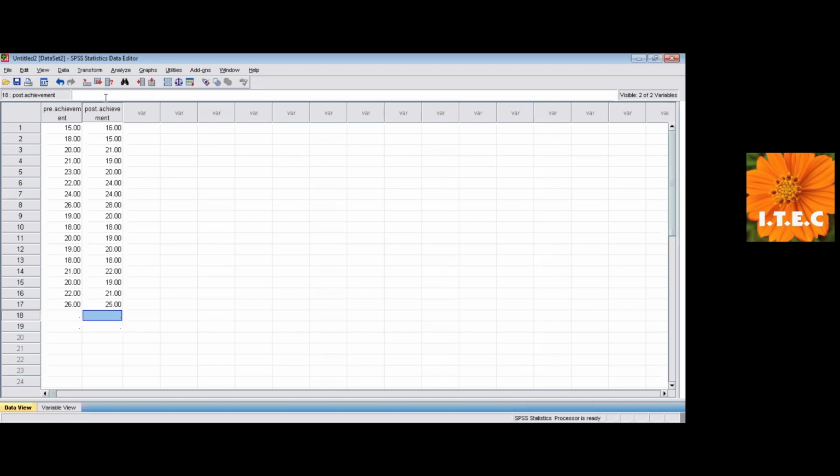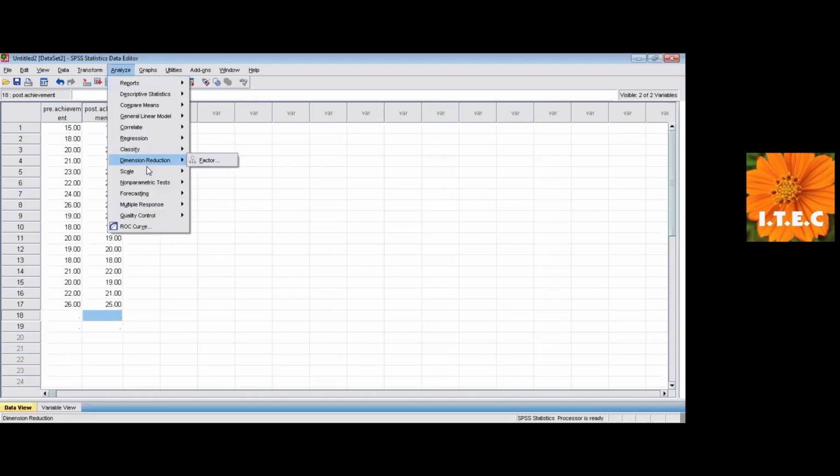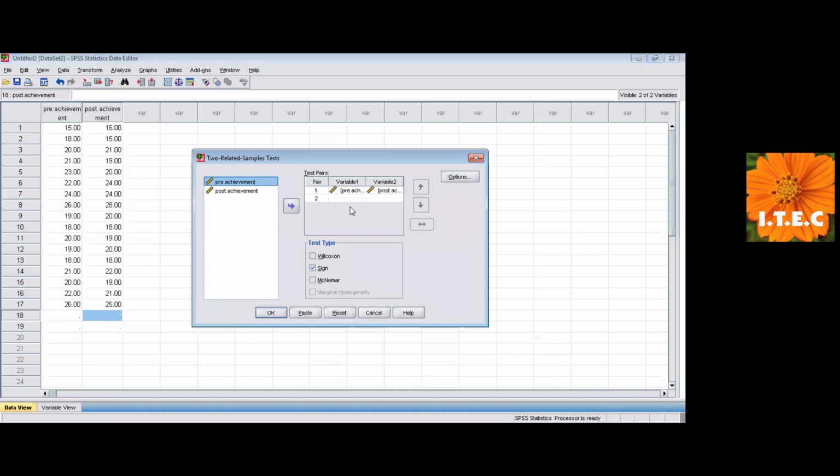Now let us analyze it with the help of both. This is pre and this is post, and let me run Wilcoxon also, and let us see whether the result will be the same or different.